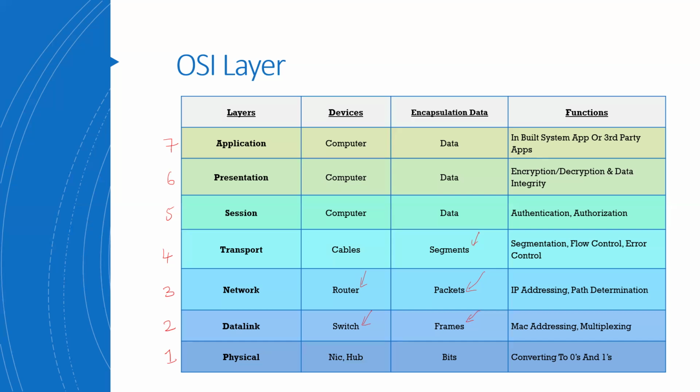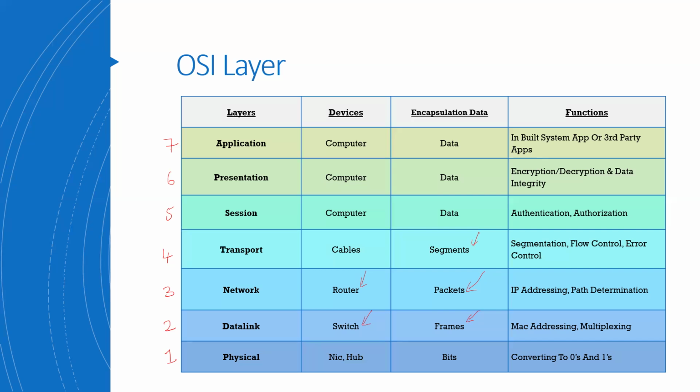Coming to the application layer, which interfaces with the network for applications. The application layer provides network services directly to end users such as email, web browsing, and file transfer.